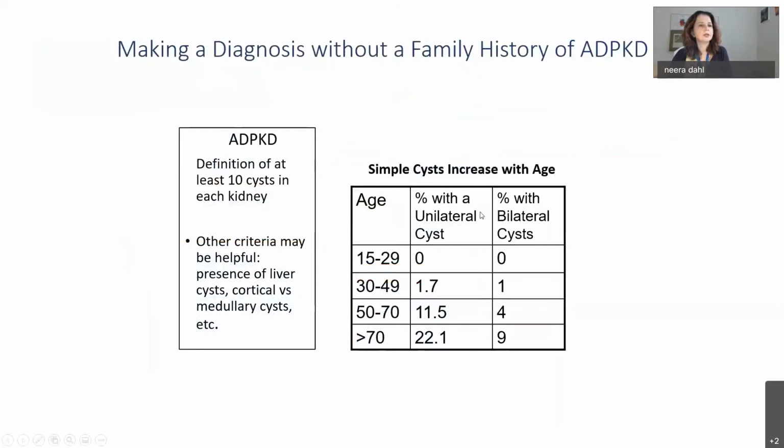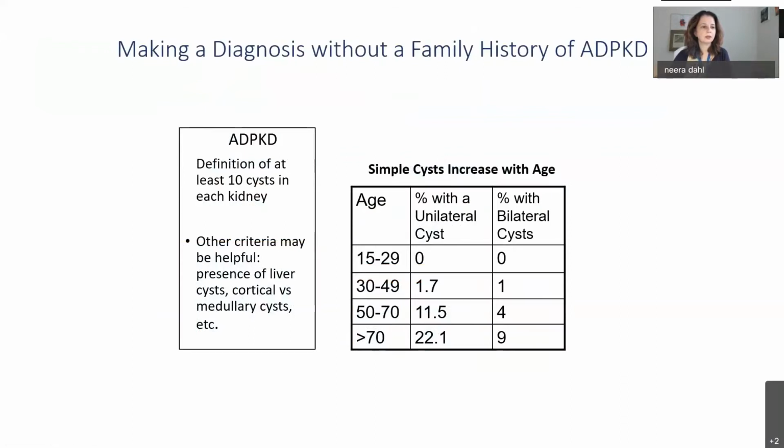The diagnosis is harder to make in patients without a family history of ADPKD, and there's an arbitrary diagnosis that's in the community, which is it must be at least 10 cysts per kidney. So it's a pretty high bar to meet if there's no family history. And what complicates this decision-making is that cysts are increasing with age.